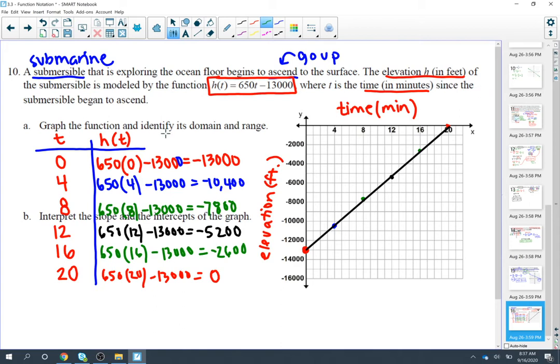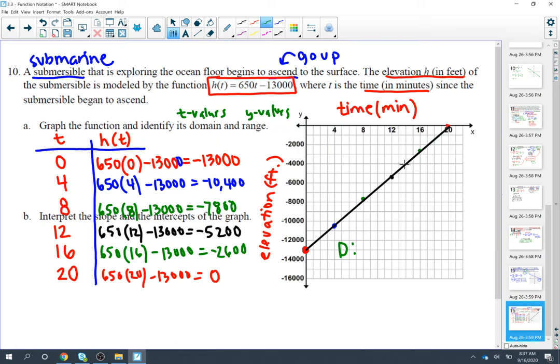Then it says to identify the domain and range. Well, keep in mind the domain is all the x values. In this case, it's all the t values. And the range is going to be all your feet or all your y values, which in this case is your h of t. So our domain is anything from the left to the right.